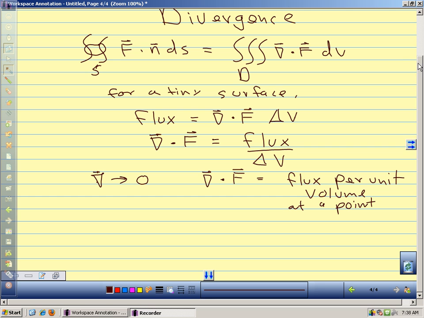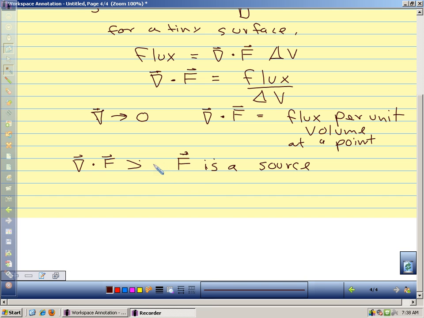Just a couple more quick things. Some classifications of vector fields. If the divergence is greater than 0 at a point, we call F a source.